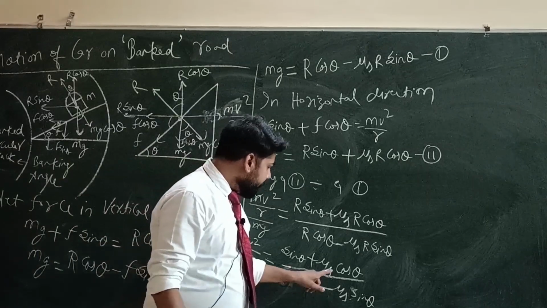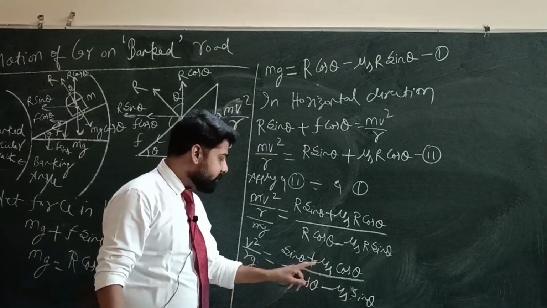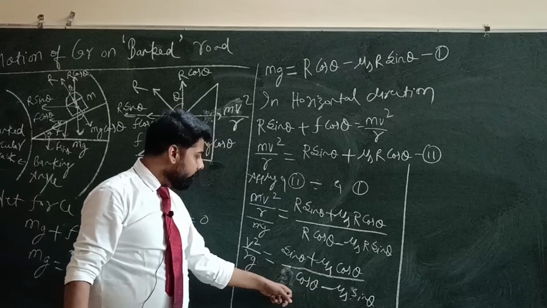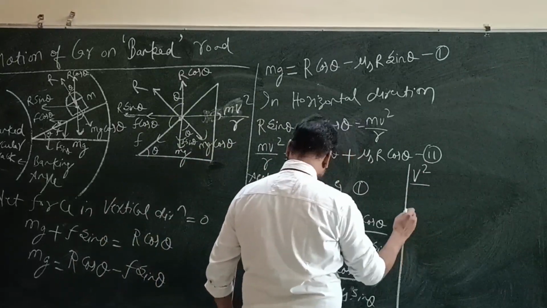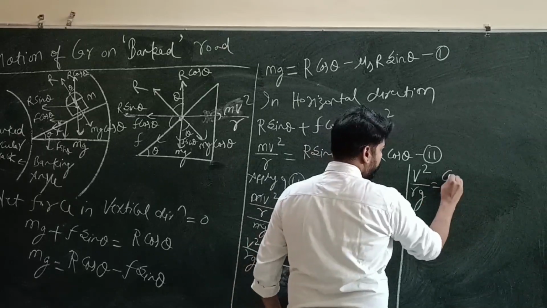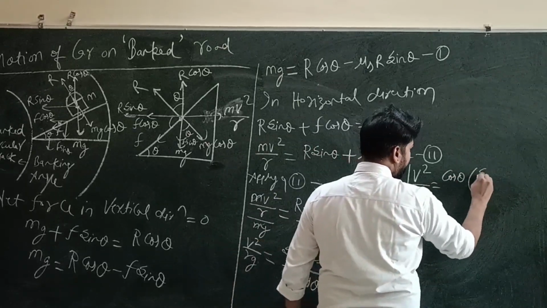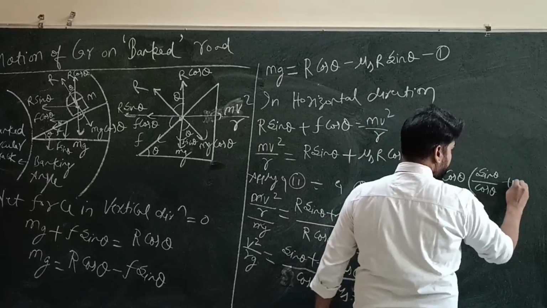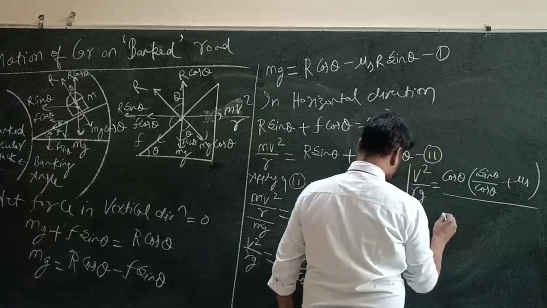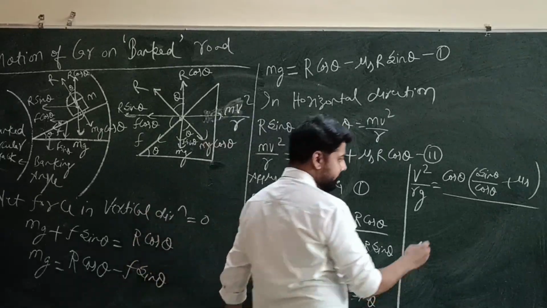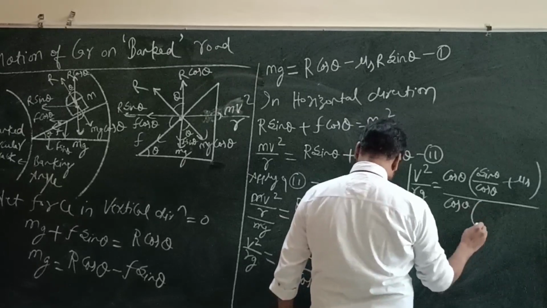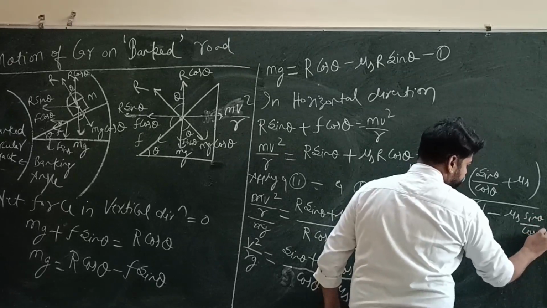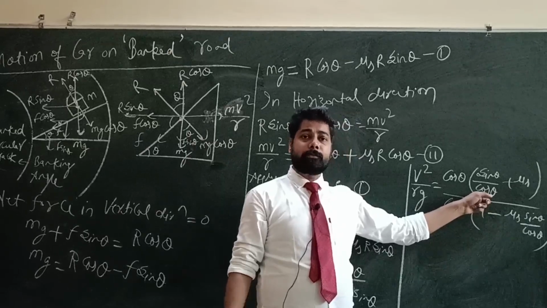If I take cos theta common from the numerator and denominator, we obtain v square upon rg equals sin theta upon cos theta plus mu s upon 1 minus mu s sin theta upon cos theta, and we know that sin theta upon cos theta is tan theta.